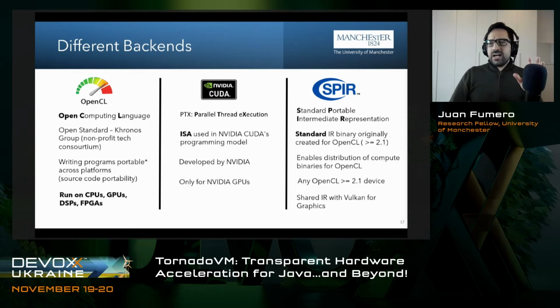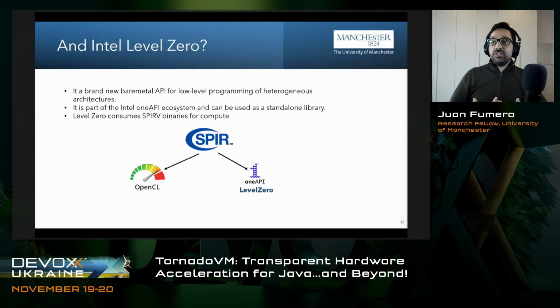Right, so now I mentioned at the very beginning Level Zero, Intel Level Zero. So where does Level Zero stand in this set of technologies? Well, Level Zero is a new API that can consume SPV binary. And it's kind of the equivalent API to what you might have for OpenCL, for example. It's a brand new API developed by Intel that allows us to program heterogeneous devices.